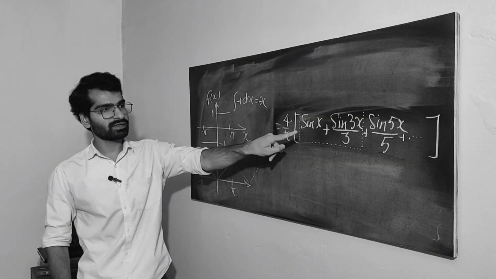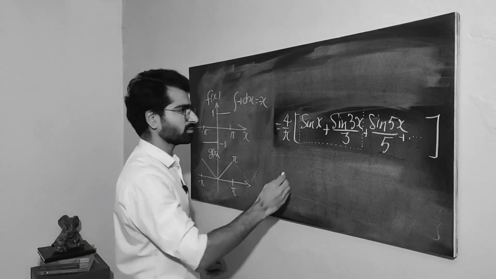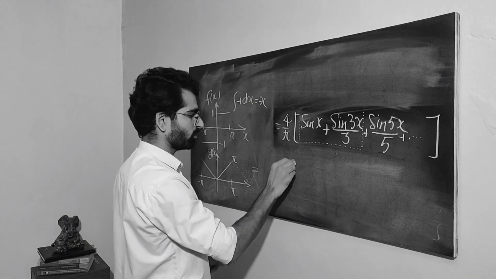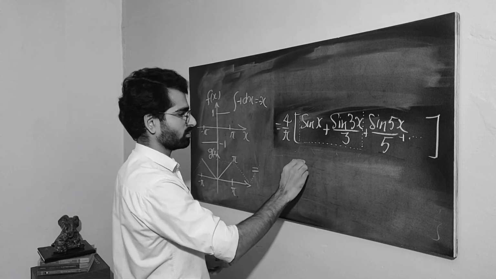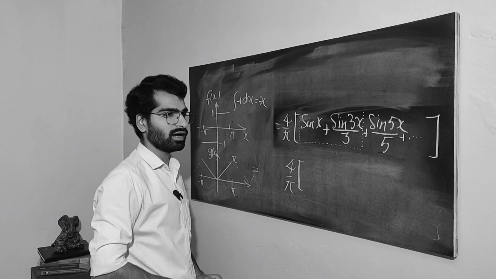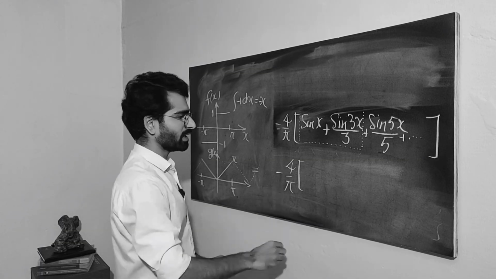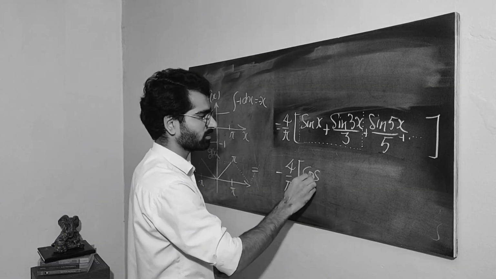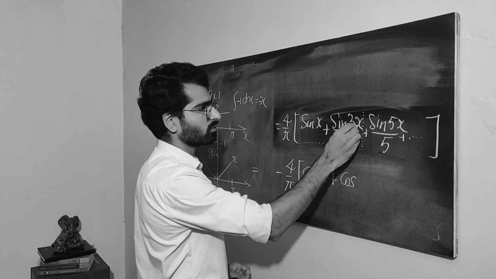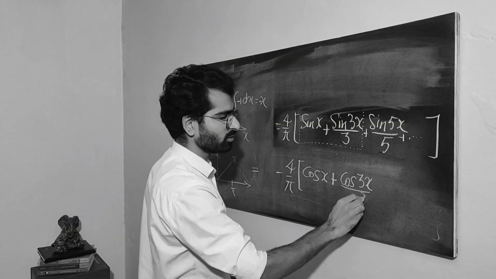I can also take the integral of this series, right? So let me do that. So this will be 4 over pi, and the integral of sine functions are minus cosine functions, so minus sign will be common, so this will become cosine of x plus cosine of 3x over 3 squared, right?